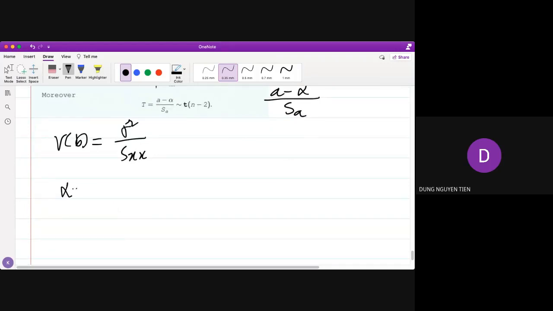So I get alpha equals A plus or minus the t value times the SA, where the value t can be obtained by using the t distribution. Therefore, we can come up with the following confidence interval for the coefficient.